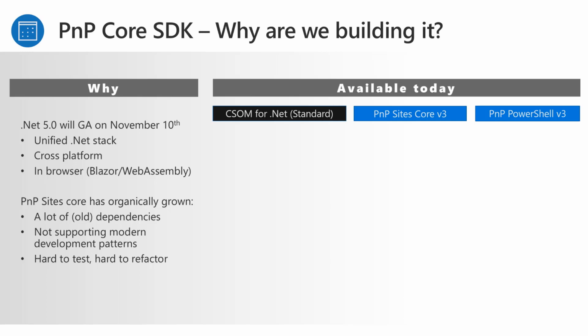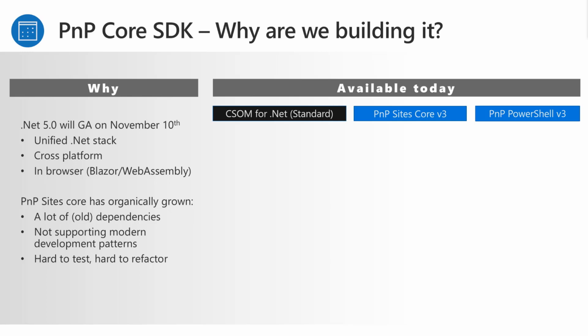Now, .NET 5 is also around the corner. I think the current planned GA for .NET 5 is November 10th this year, which will be a unified .NET stack, unifying the regular .NET Framework and .NET Core into one .NET stack, which will work on any device, any platform essentially, including inside the browser with Blazor WebAssembly. So the reason for the PnP Core SDK is that we really want to be ready for .NET 5 and give you something that works nicely in modern .NET-based development on any device, any platform.